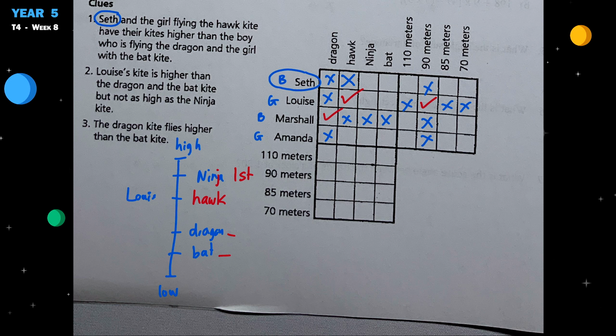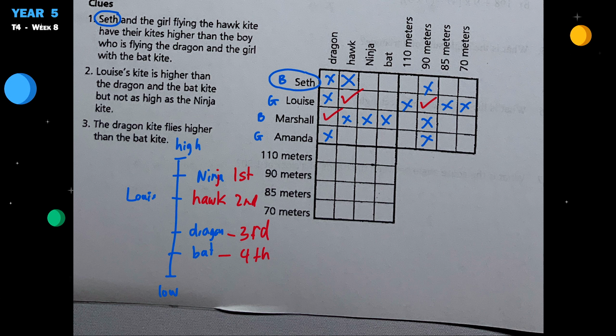It says that Marshall has dragon. If he has dragon, he's in third place. So there's first, second, third, and fourth. So the dragon must be third, meaning that first place is 110, then 90, then 85 must be third.